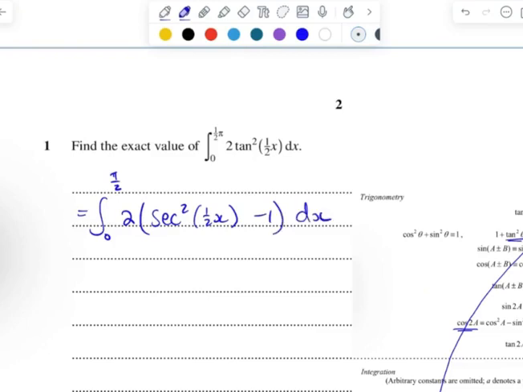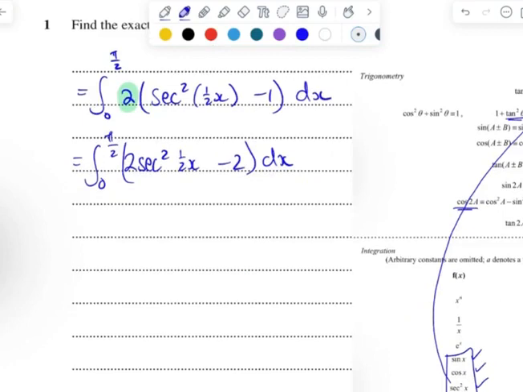All of that's in a big bracket, because the 2 is now going to be related to both of those terms. So I'm just going to simplify this. That's going to be 2 sec squared half x minus 2, and everything is dx. All right, so now I can integrate sec squared, and I can integrate 2. So we've changed it into something that we are able to do.